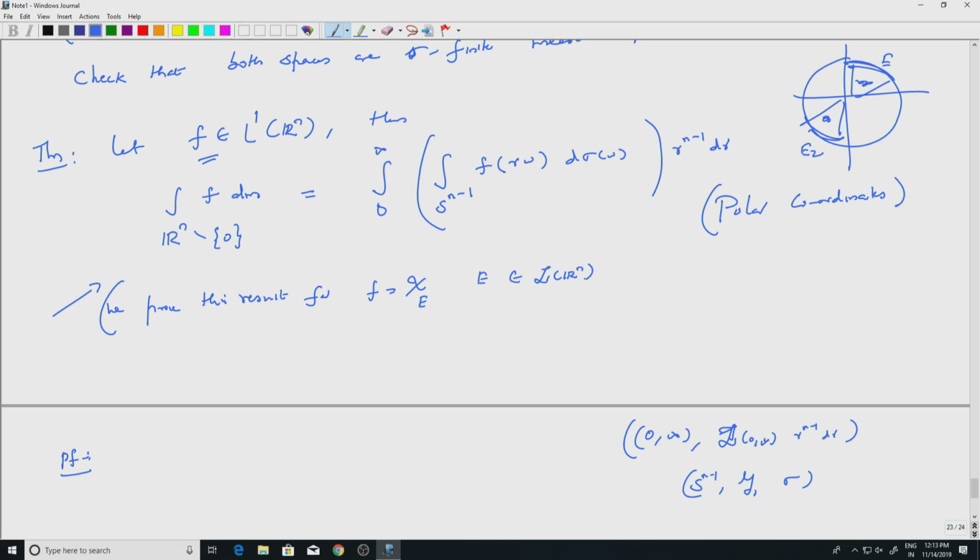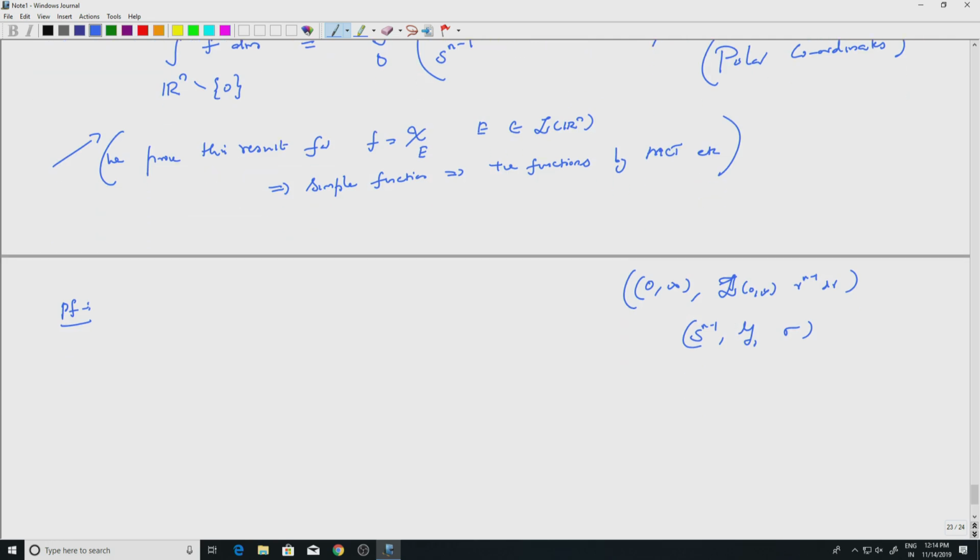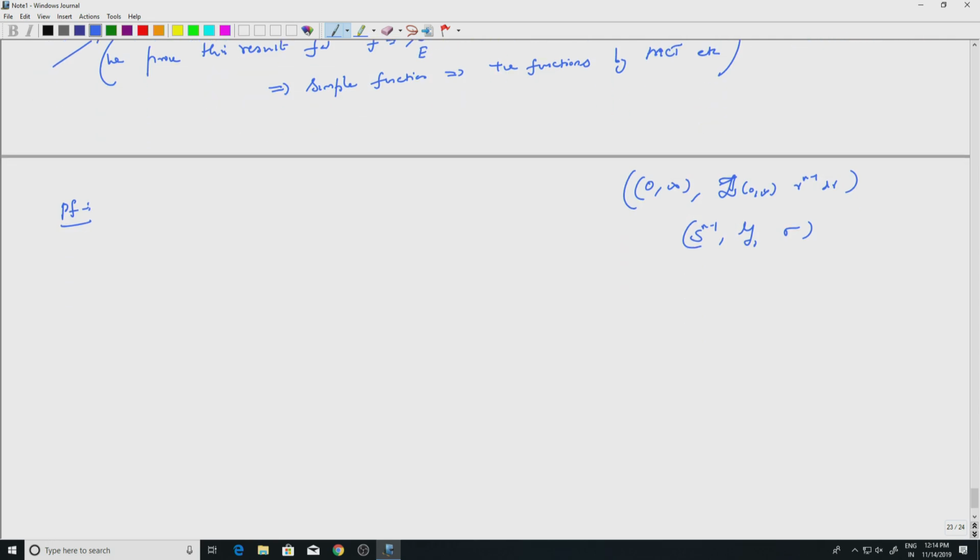That will imply it for simple functions, which will imply it for positive functions by MCT, etc. You can complete it for all functions by taking real functions and then taking linear combinations, etc. That part I leave to you. So we just need to show it for an arbitrary set. First I need to look at sets which are inside L of 0 to infinity, right? L of Rn minus 0, strictly speaking, because we will not include 0.